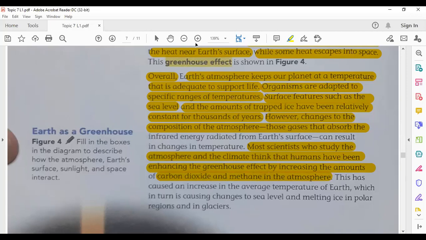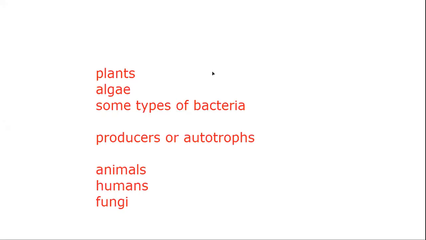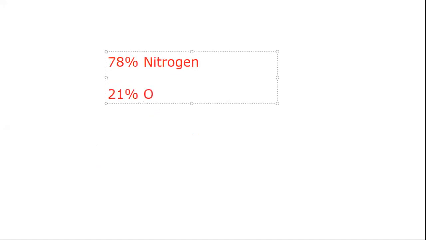Look here. Do you remember the composition of the atmosphere? As you know, 78% of the atmosphere is nitrogen. 21% is oxygen.